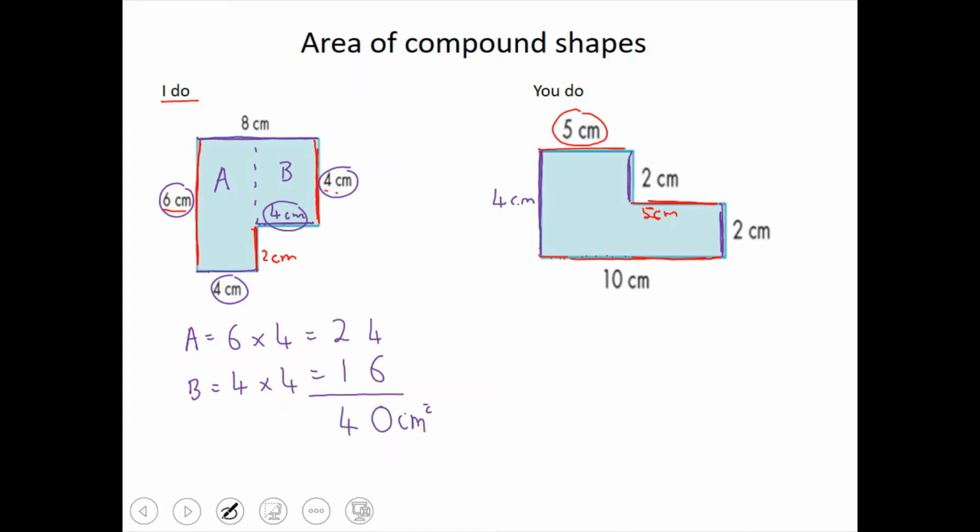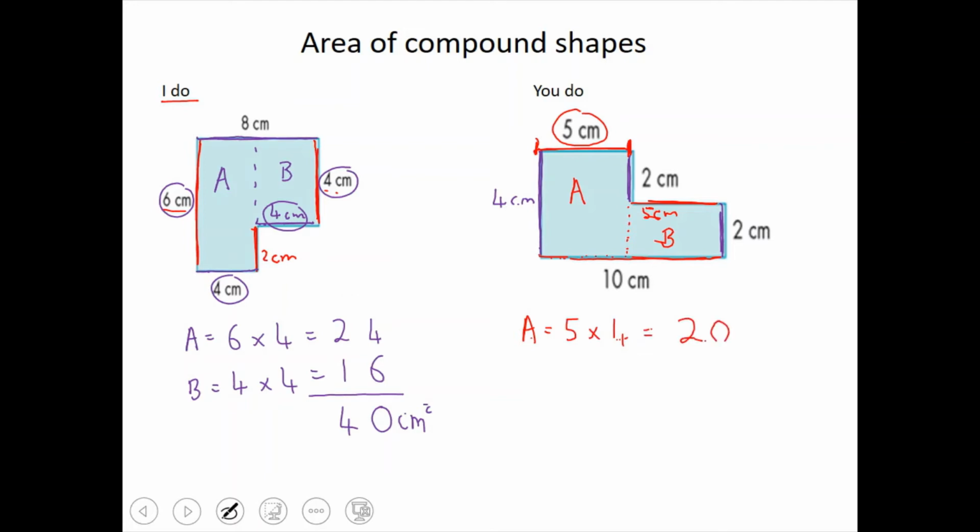Like we did in our previous example, we could now split the shape up in two. So I'm just going to split the shape up in two up here. So I'm going to label that shape A and label that shape B. Now shape A, we have to remember shape A starts from here and it stops all the way here. So it's going to be 5 times 4, length times width, 5 times 4, which equals 20.